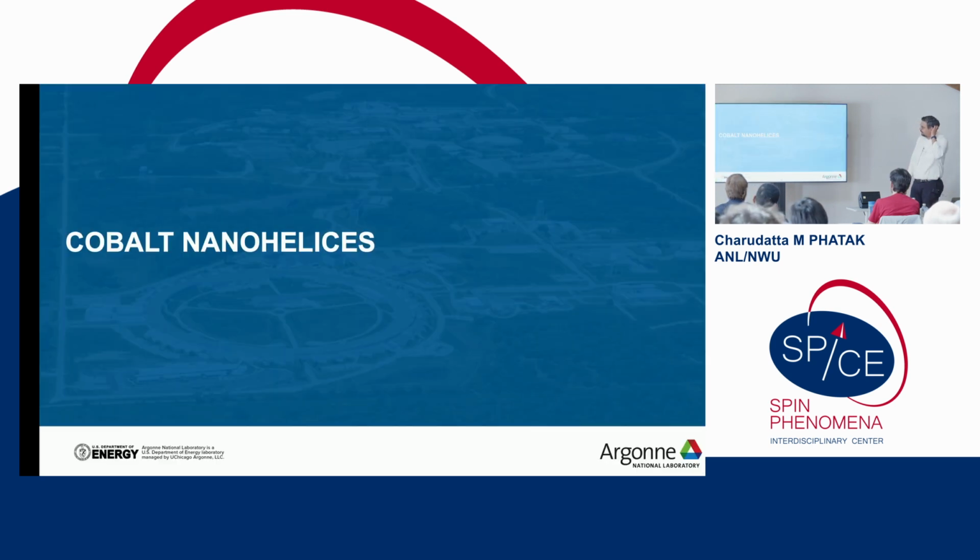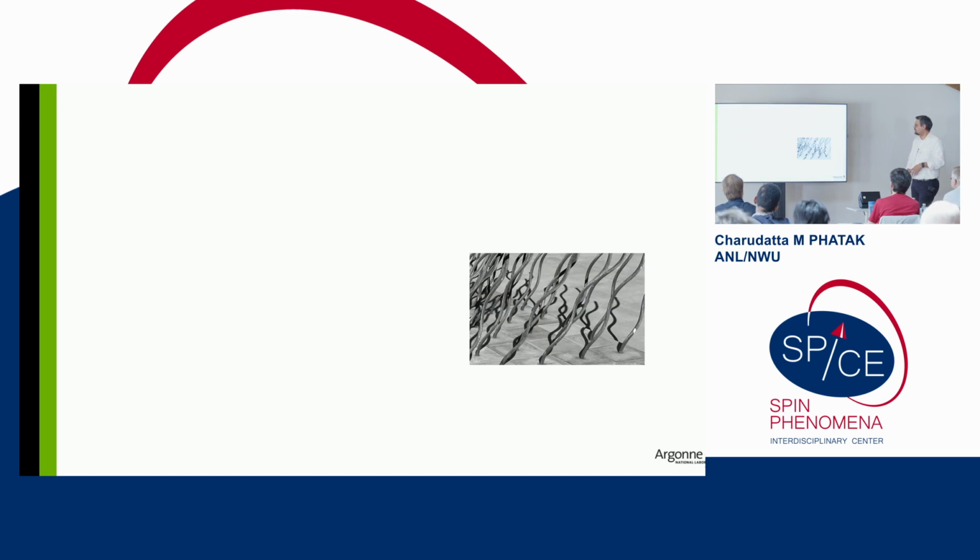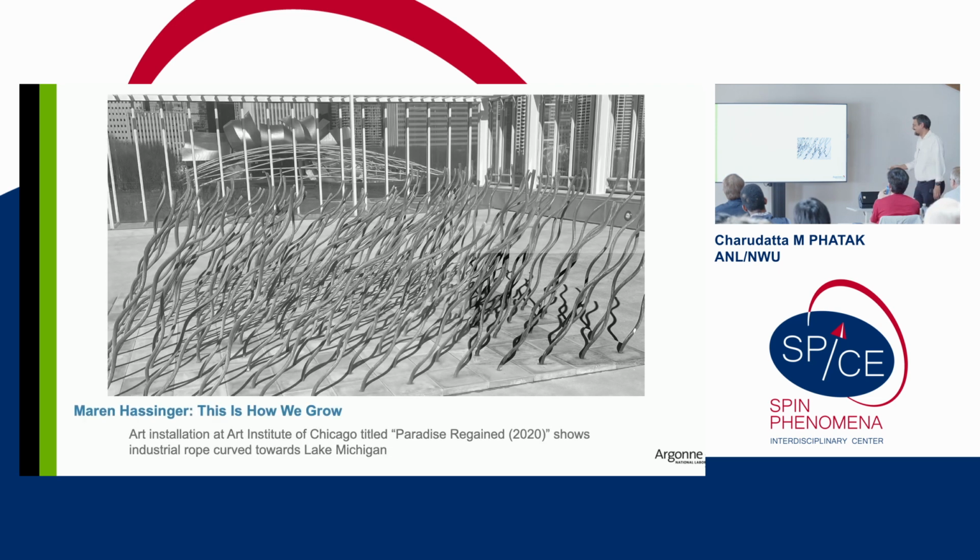So that was the part about generally talking about three-dimensional reconstruction methods. For the remaining talk, I will talk about our work on cobalt nanohelices. This was an example. What does that look like? It looks like cobalt nanohelices, but it is not.